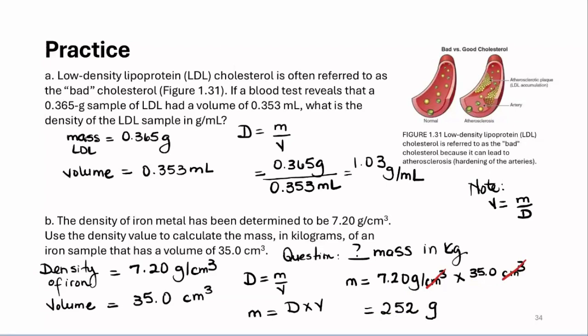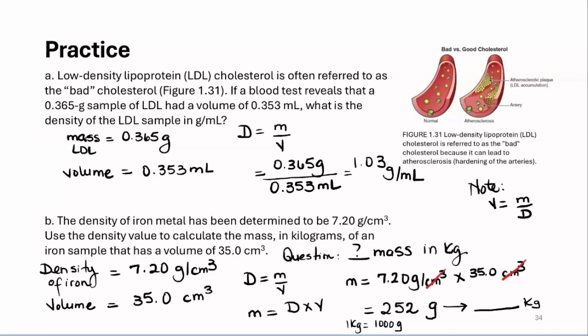So that is set. But I need to do the last step that is required by the question. Right now, I have my mass expressed as grams. I must change it to kilograms. And if I'm trying to do that, I know that based on the tables provided, 1 kilogram equals 1,000 grams.